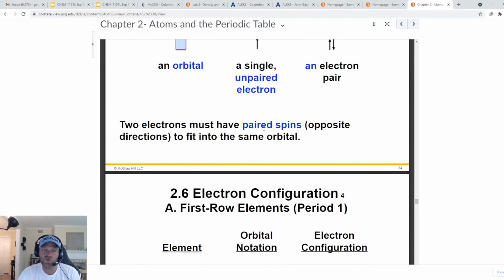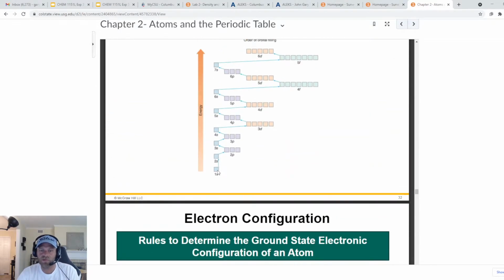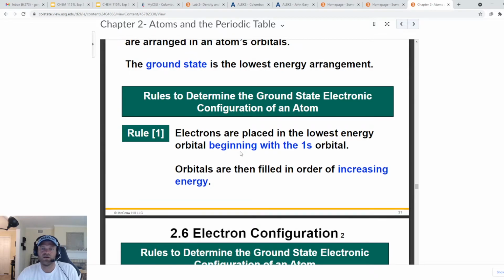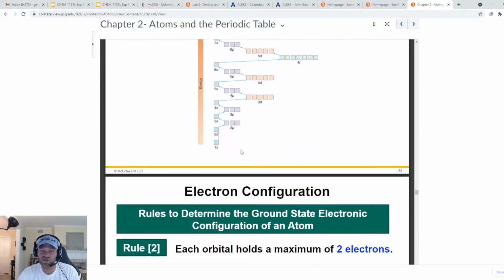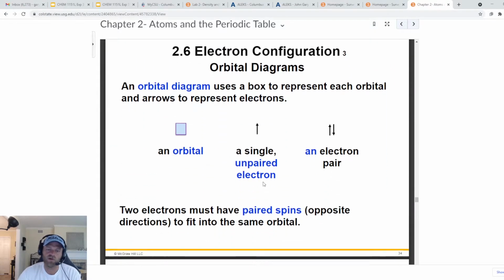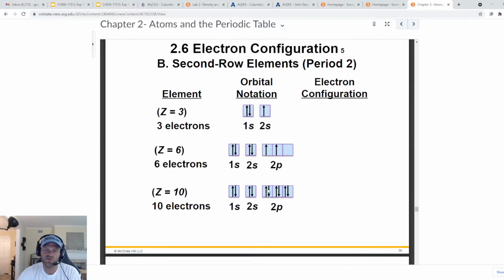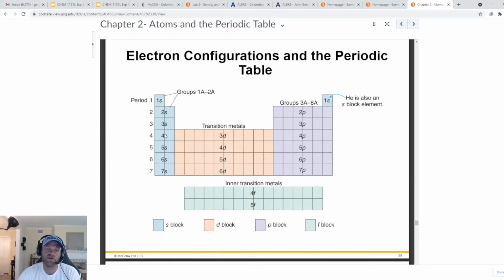So you have rules. You have to fill in one at a time until the boxes are filled. Then you come back and do your opposite direction. Orbitals are filled in increasing energy, so you fill in the ones before the twos, and then there's a slight kind of hiccup, we'll call it, when you get to the transition metals, row 4, excuse me, right here.